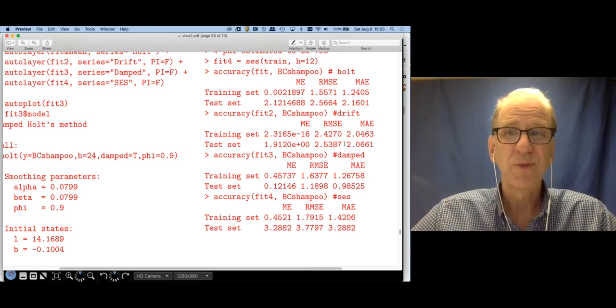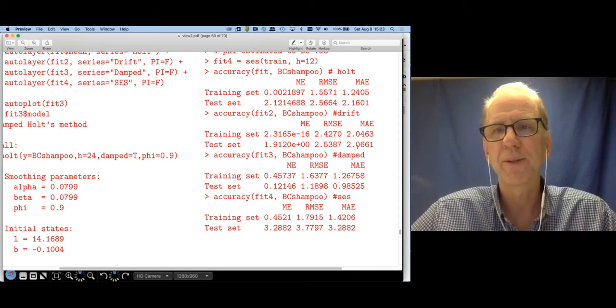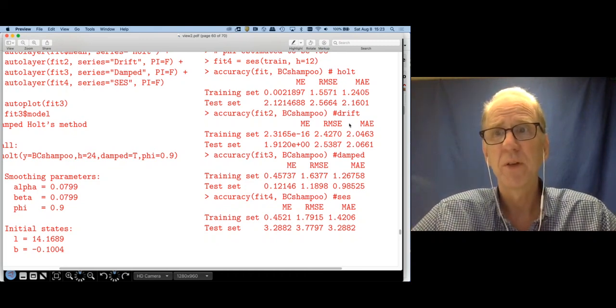In fact, it looks like drift is actually doing a little bit better. Not by much, but maybe a little bit better. And I warned you back in week 1 that the very simple drift method is often hard to beat. And here's a case where it actually beats this much fancier Holt double exponential smoothing method.